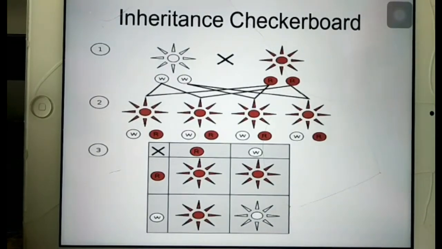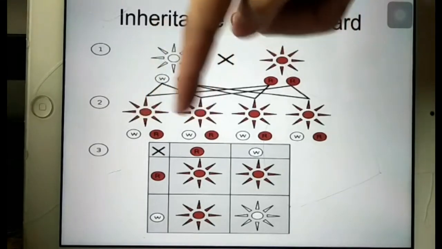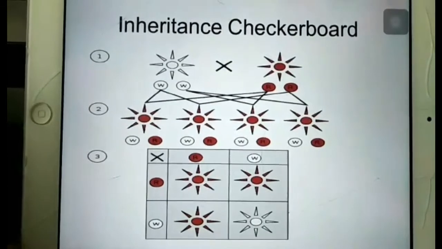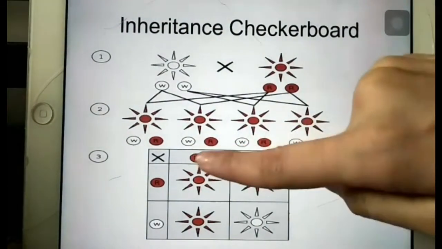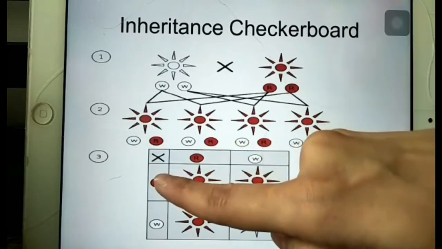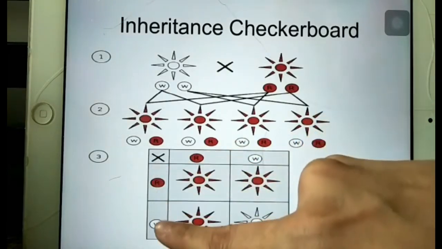Now in F3 generation we are making a cross between these heterozygous offsprings with each other. One heterozygous parent is being used over here and one heterozygous parent over here.